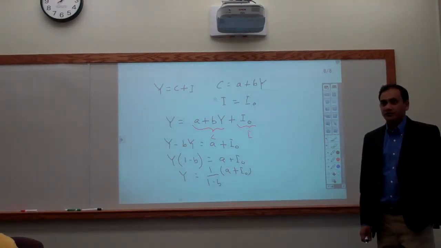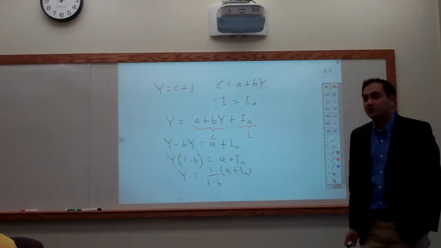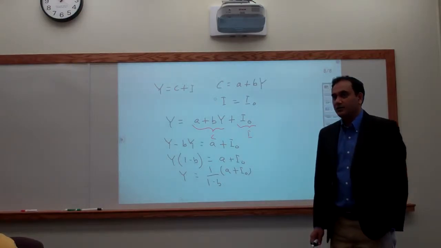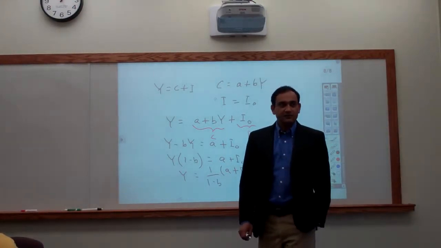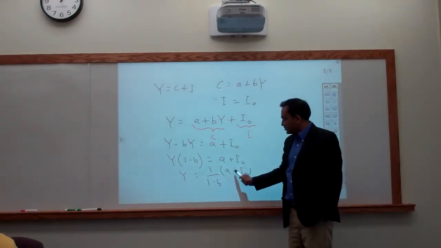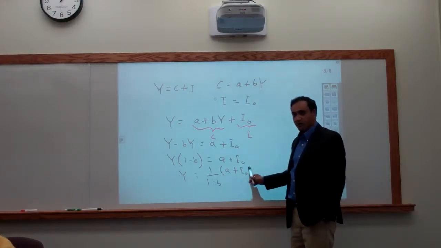$1. So GDP will rise by $1 or some other value. Think about it. This number doesn't change, right? This changes by $1, I0 increases by $1.